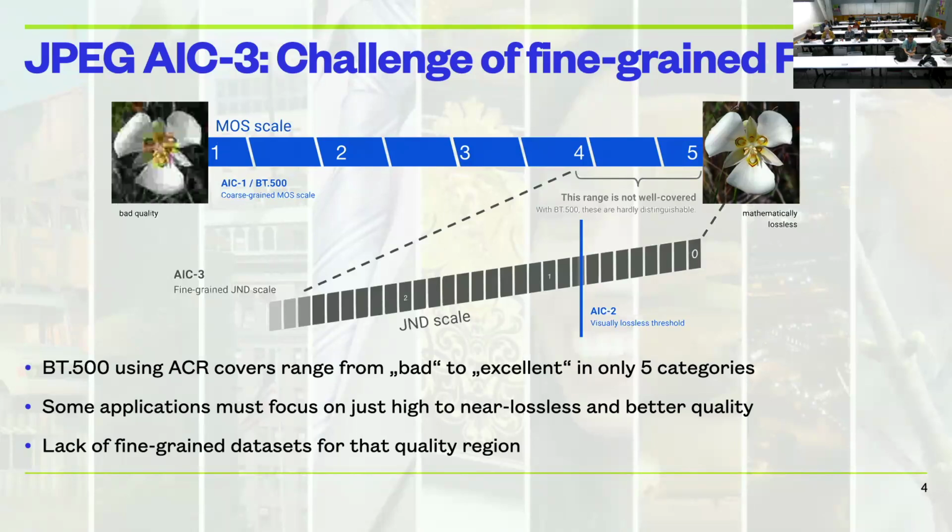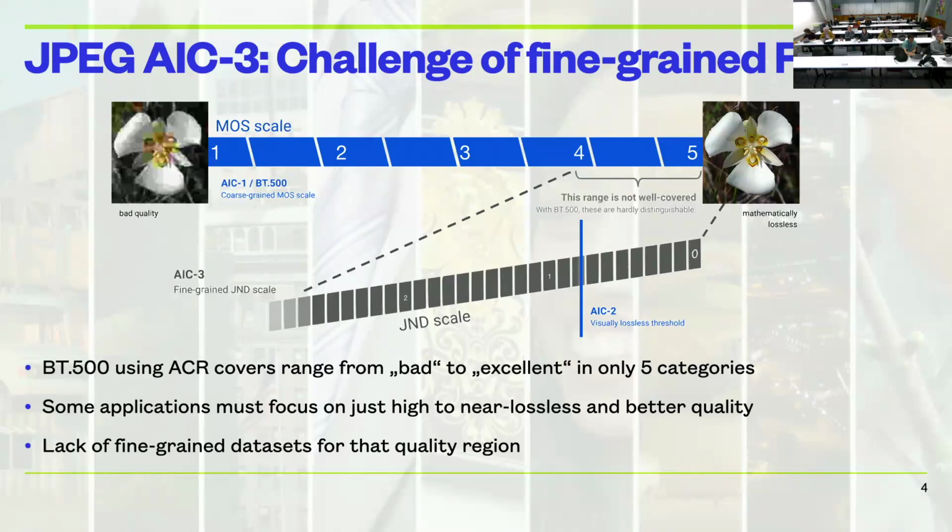This is one thing to keep in mind when you read visually lossless with a threshold. It does not mean that it is completely lossless. Some people can see it, some people cannot, and some of the times people see it or they don't. Okay. So also there's a lack of fine-grained data sets for this high-quality region, and we try to fill this gap.